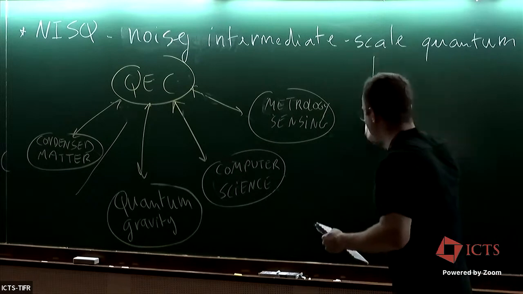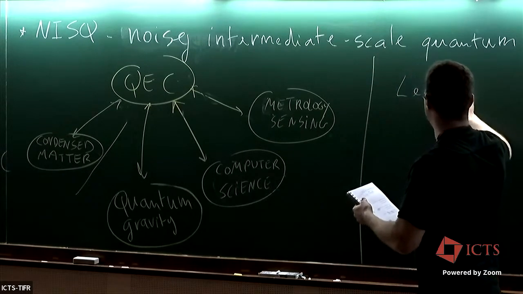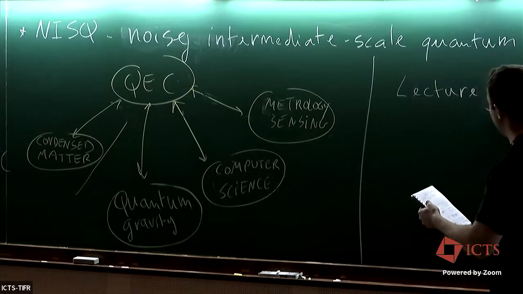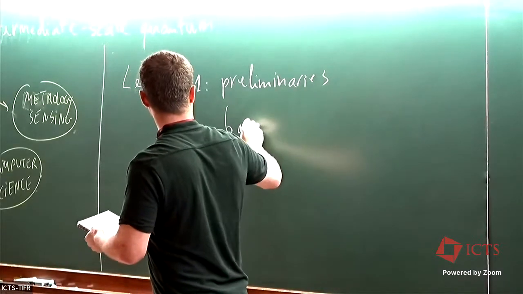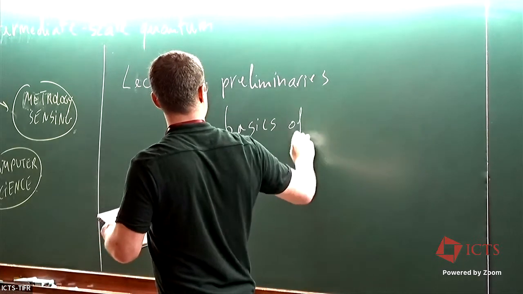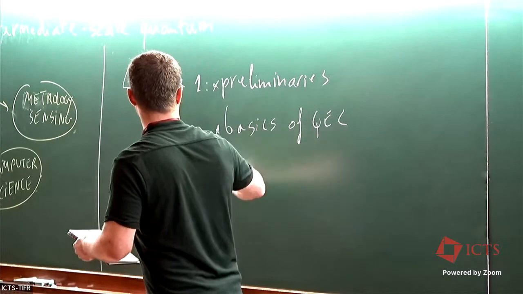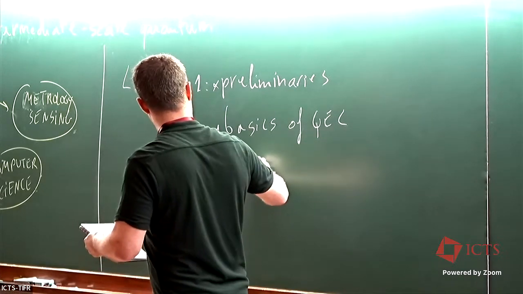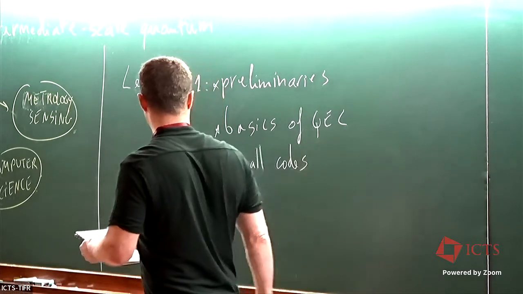What am I going to talk about in this 4-lecture series? Today's lecture will be a bit of a warm-up, some preliminaries, then the basics of quantum error correction, and we're going to give some examples of small codes, so small quantum error correcting codes.